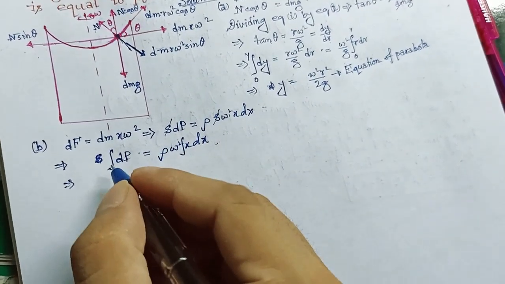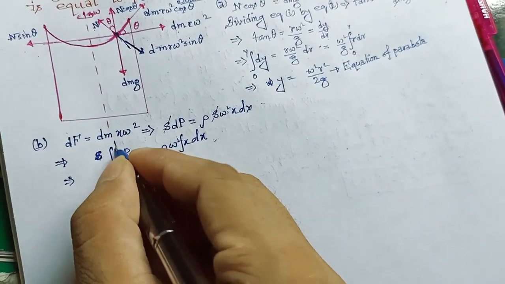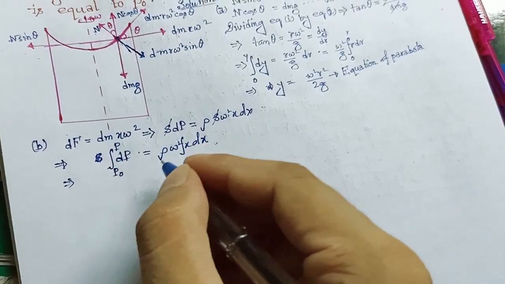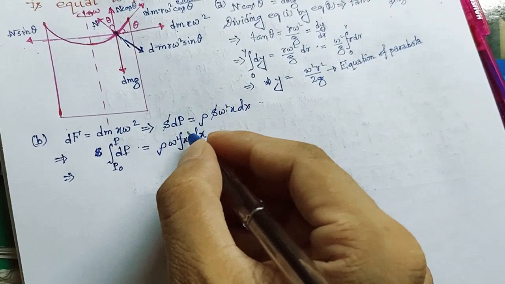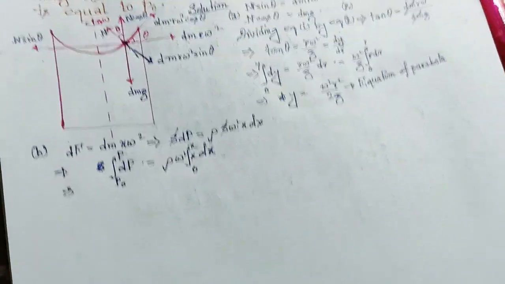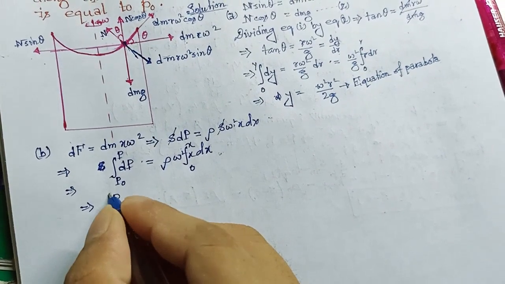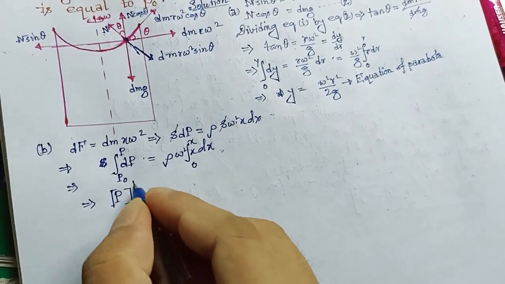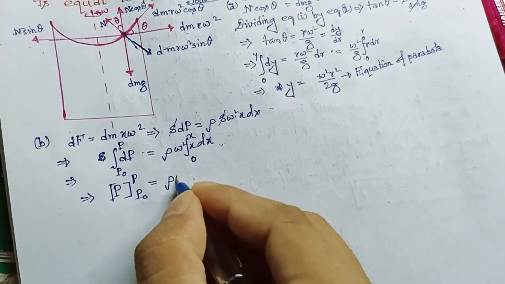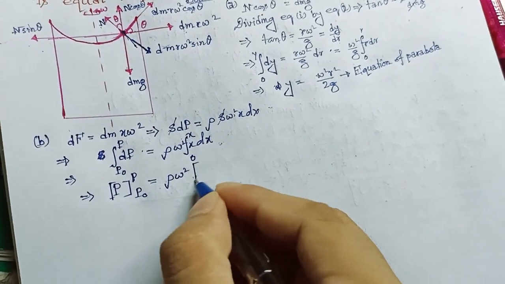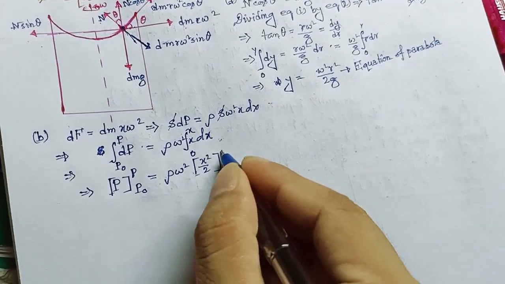If we integrate this equation on both sides, taking the limits of p from p naught to p and the limits of x from 0 to x, we get p with upper limit p and lower limit p naught equal to rho omega square into x square divided by 2 from limit 0 to x.